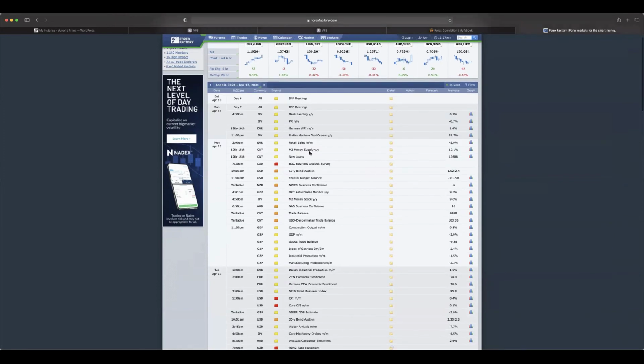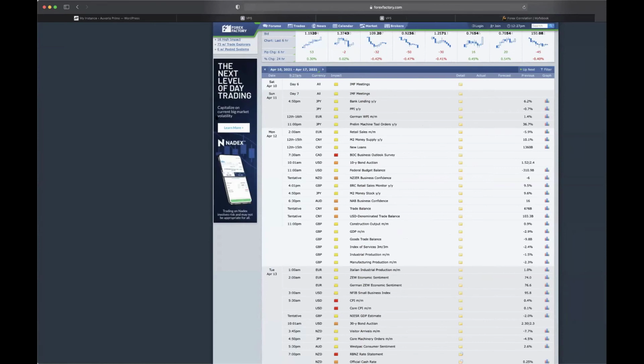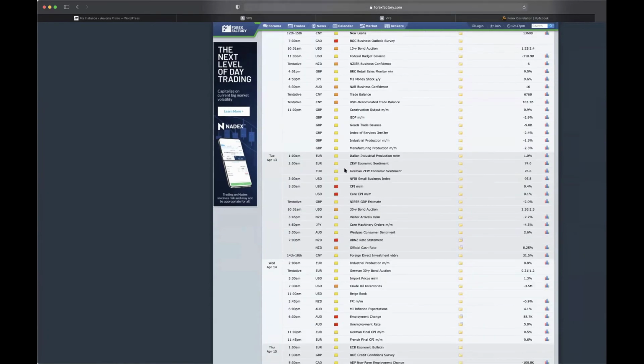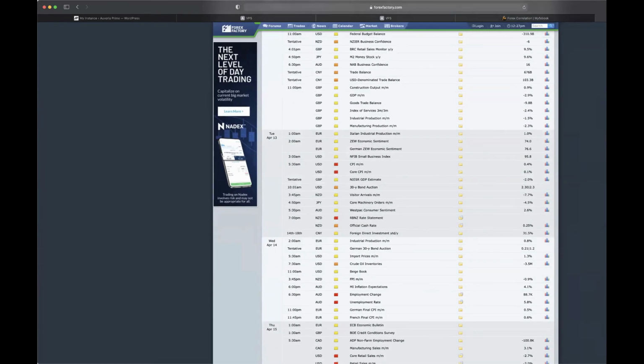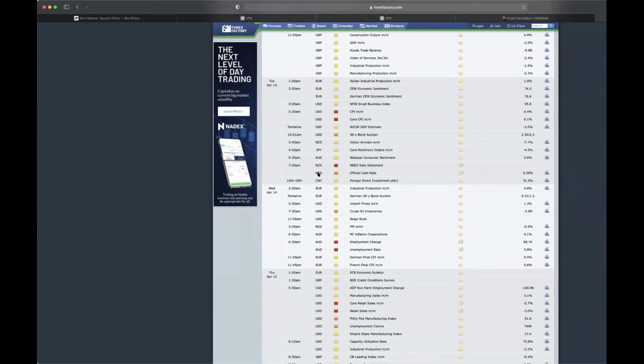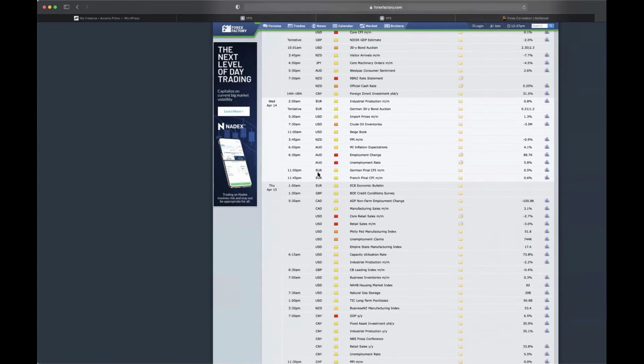All right, so let's take a look at our pairs we're running. So see, we got a CAD pair in here, 2 of them. Awesome, we got CAD news, business outlook survey, Monday. Go down, we got USD pairs, 2 of them. All right, we got CPI and core CPI. We got an NZD pair. We got rate statements. We got an AUD pair. We got employment and unemployment change.